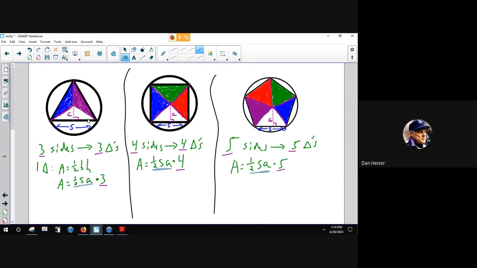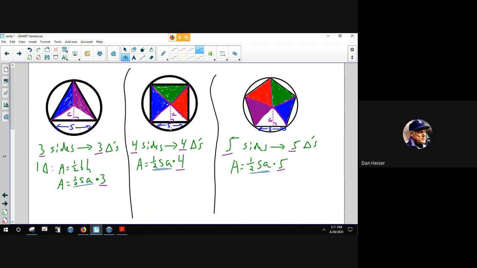Let's say this side is 7, and this side is 7, and this side is 7. 7 times 3, that SN. S is 7, N is 3. I get 21, which is 7 plus 7 plus 7.